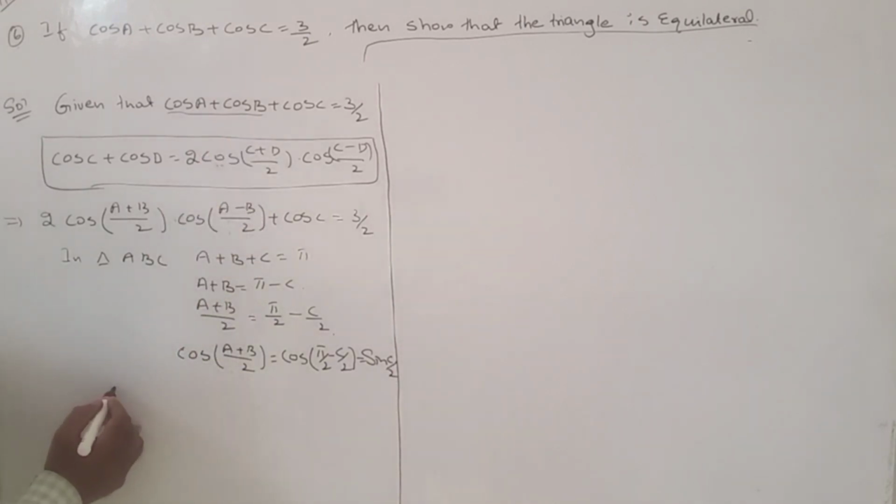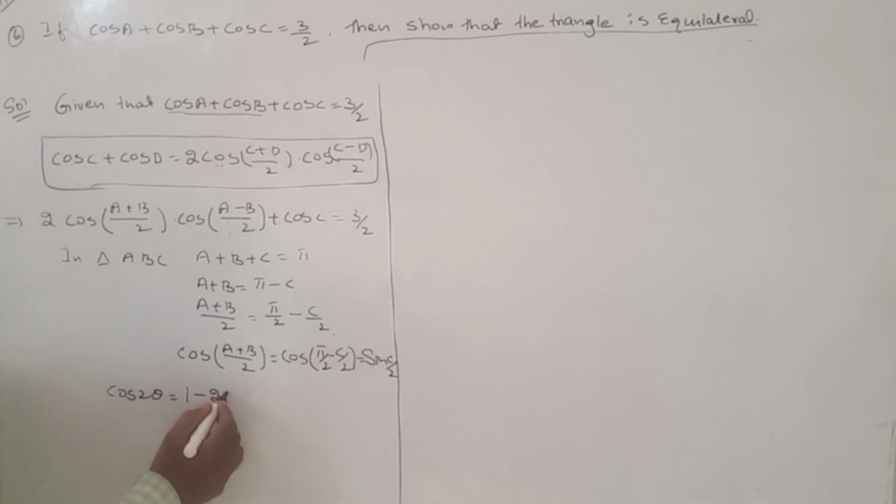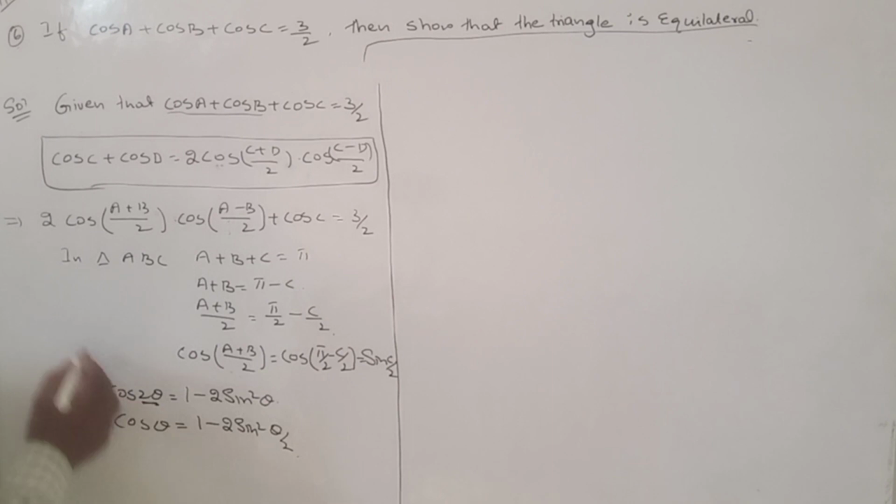And for cos C, we know cos 2 theta is equal to 1 minus 2 sin square theta. So instead of 2 theta, we have theta here. Cos theta is equal to what? 1 minus 2 sin square theta by 2.